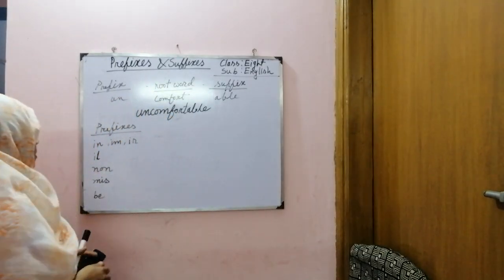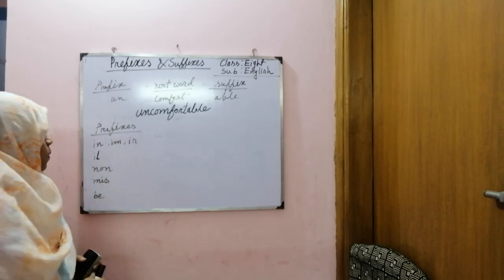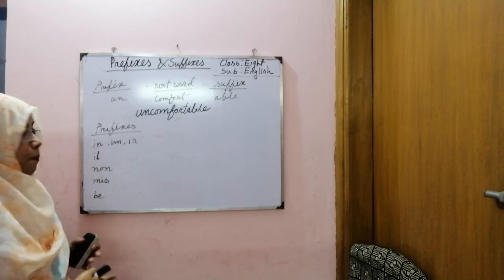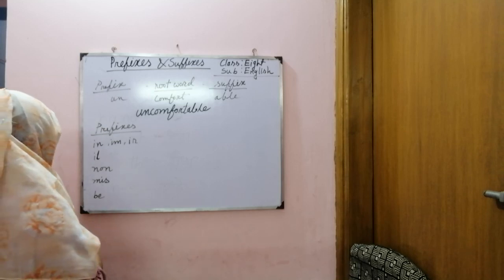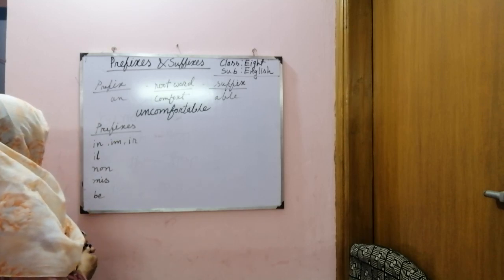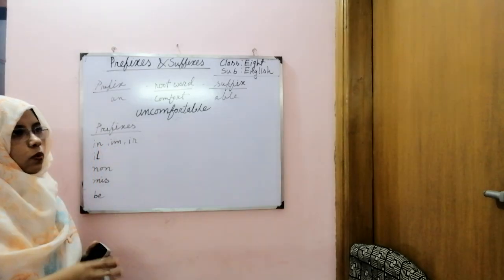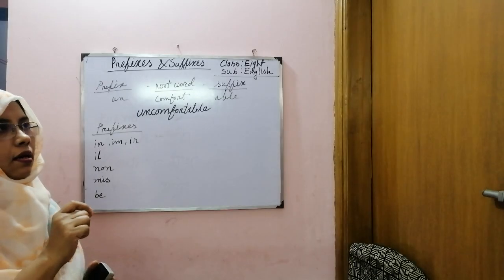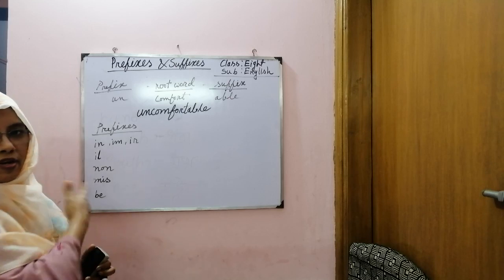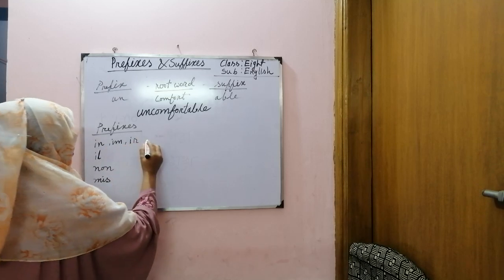First, we get here 3 prefixes: in, im, ir. Those prefixes mean opposite, or they give a reversal meaning. And im actually sits with those words which start with B, P and M. Let's try to make some new words with the help of in.